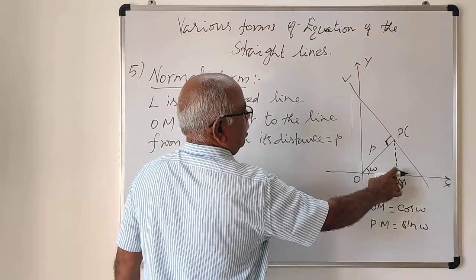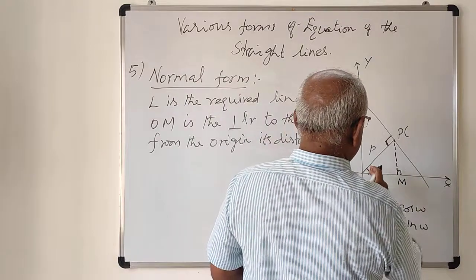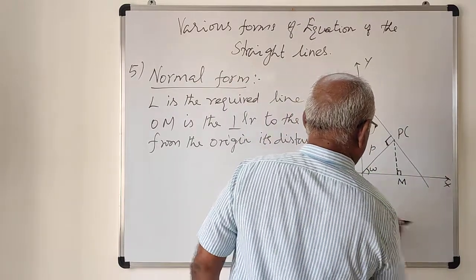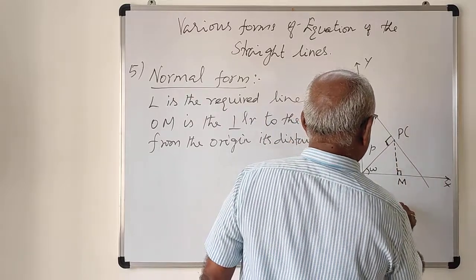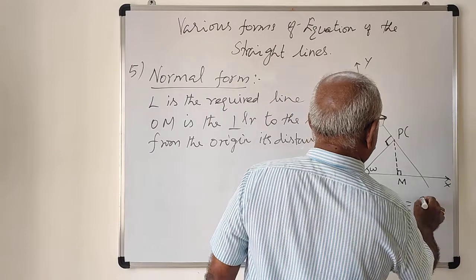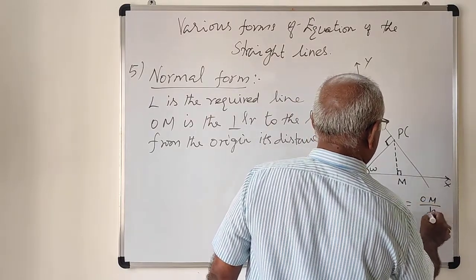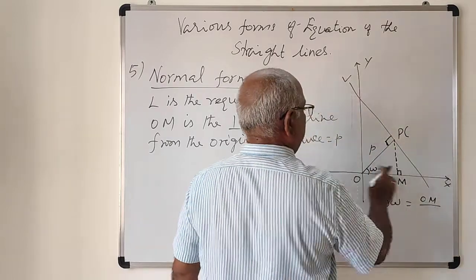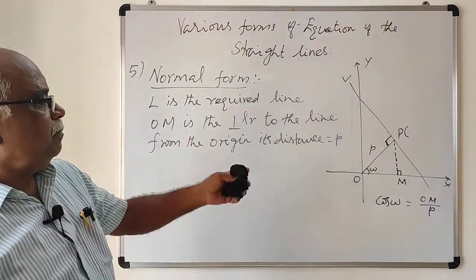What is cos omega from this? Cos omega is adjacent by hypotenuse.